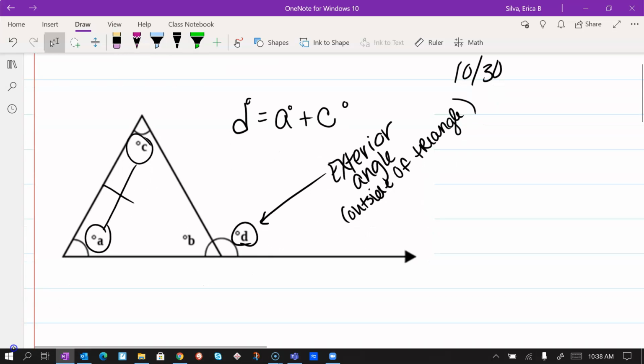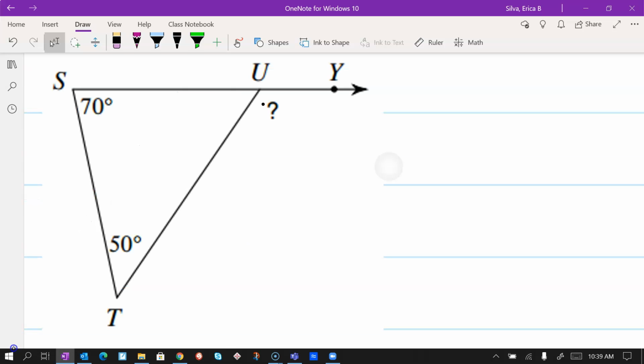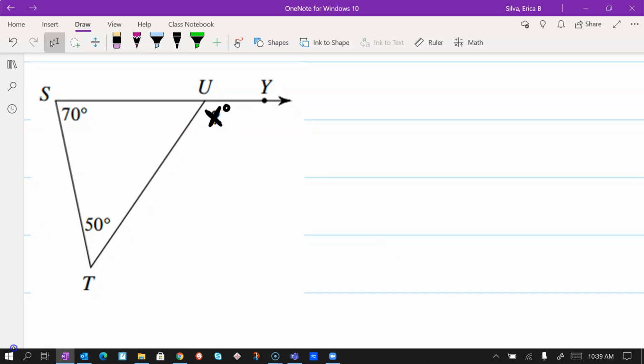Here we go. Go ahead and draw this one. All right, and this question mark, I'm just gonna call it X. So we're gonna be solving for X degrees. So when we have a problem like this, we want to always identify my exterior angle.